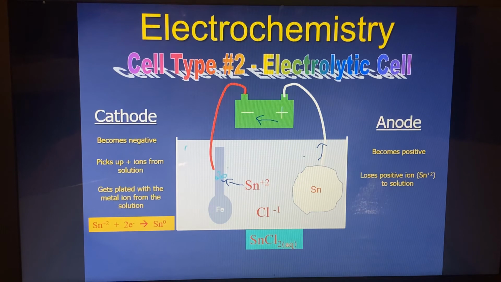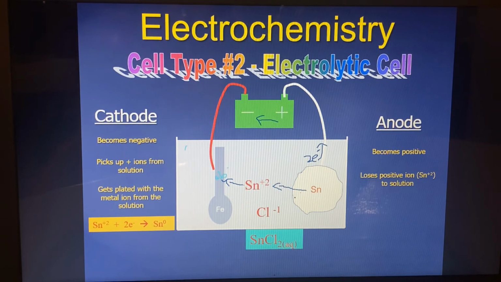So up here, it's got 2 electrons that are going to get pulled off of it, and as a result, the tin atom is going to turn into a tin plus 2 ion.